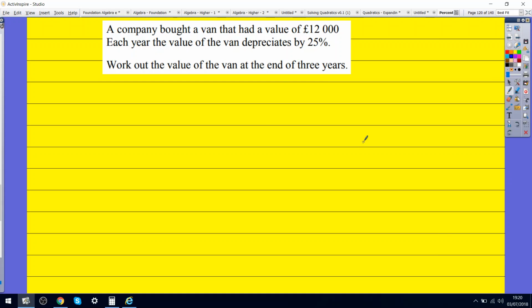So 0.75 to the power of 3 times 12,000 gives us 5,062 pounds, 50 pence.